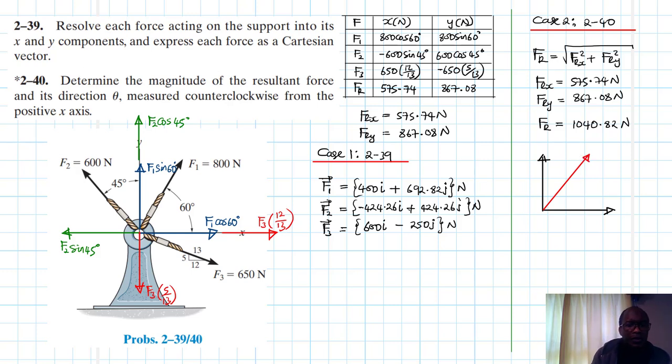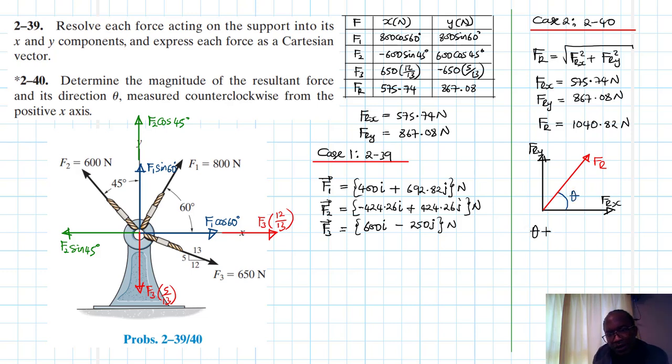Let's label this: this is FRY, this one is FRX, and this one is FR. Then we have the angle, which is our theta.